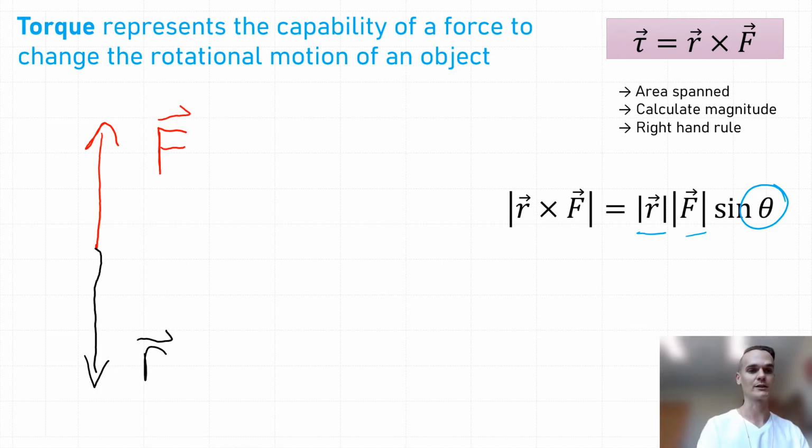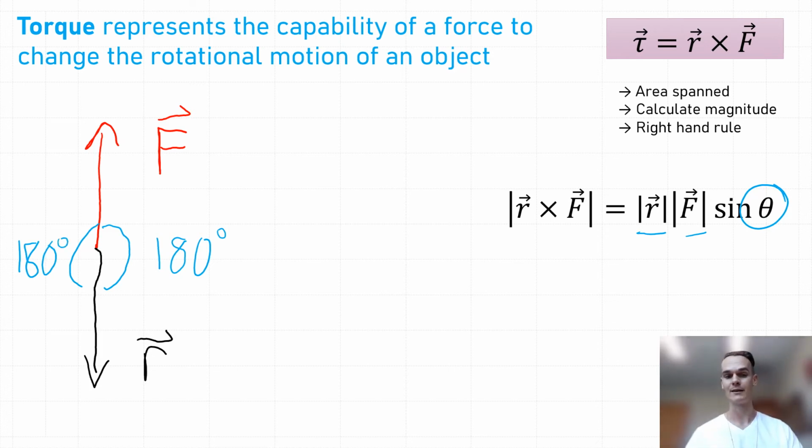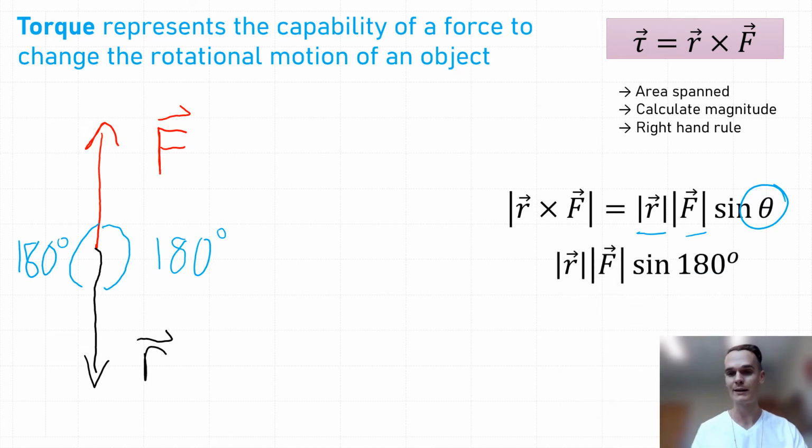If the force vector is pointing directly upwards and the position vector is pointing directly downwards, then on each side we are going to have 180 degrees. So whenever we plug in the smallest angle between the two vectors when they're placed tail to tail, it's going to be 180 degrees. So let's go ahead and do that.